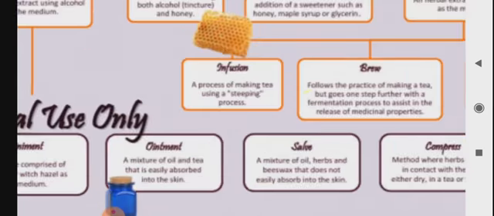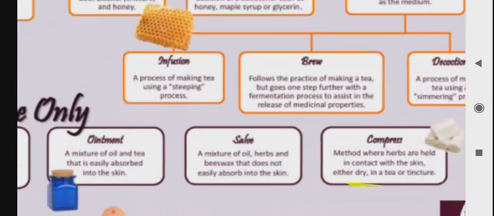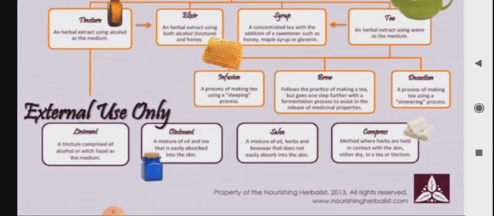Ointment, a mixture of oil and tea that easily absorbs into the skin, means apply on an affected part of body externally. Compress. So there are different herbal preparations.